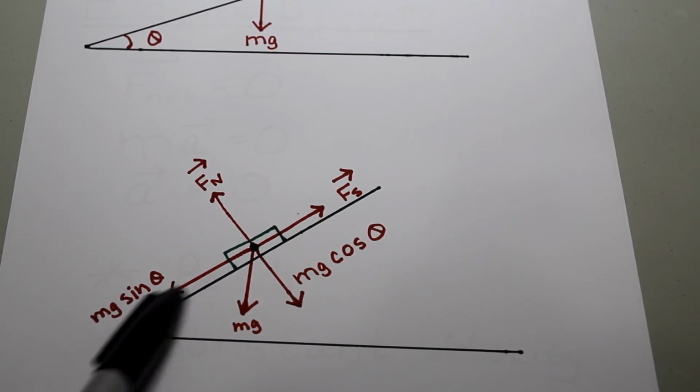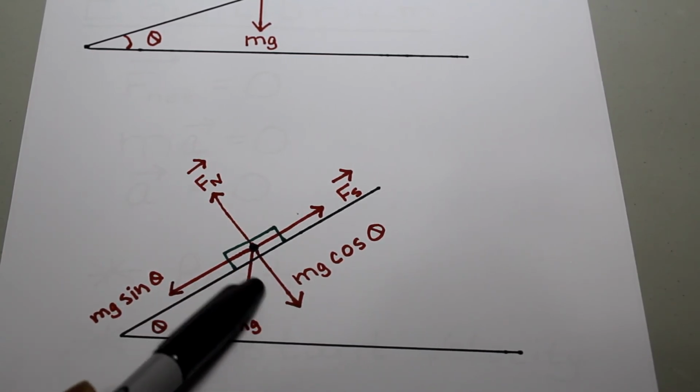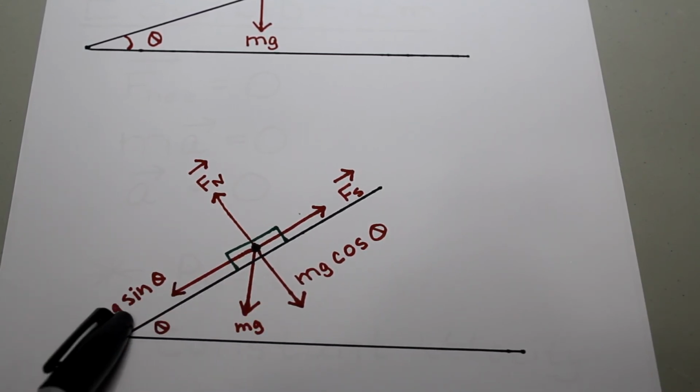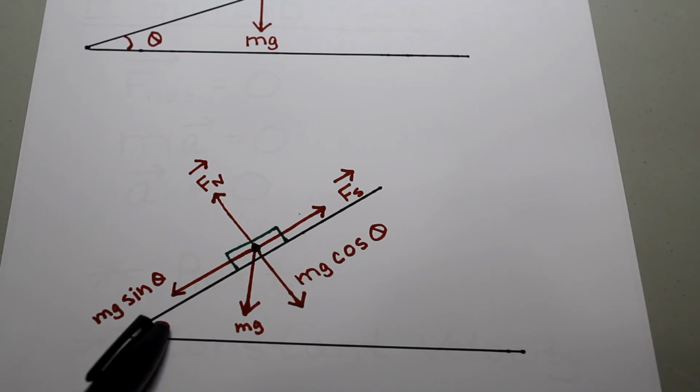And mg cosine theta is this way, because if there was no incline, sine theta would be 0, and sine of 0 is 0, so there would be no horizontal force. And as we saw in the previous problem, when the box is flat on the surface, we don't have a horizontal force.